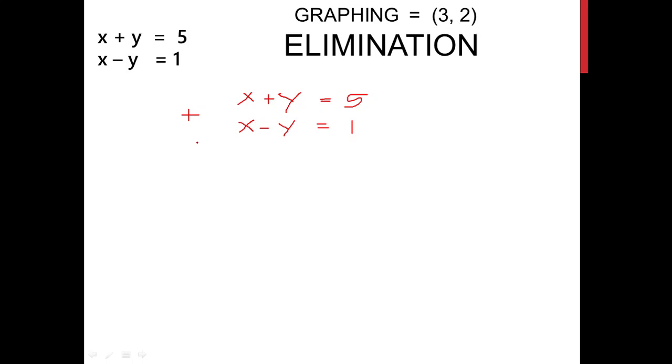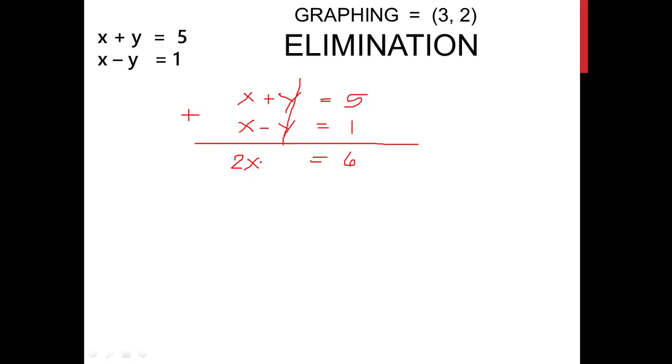In adding this, following the rule of integers, positive y and negative y will cancel out or be equal to 0. What's left is the variable x. So x plus x gives me 2x equals 5 plus 1, which is 6.